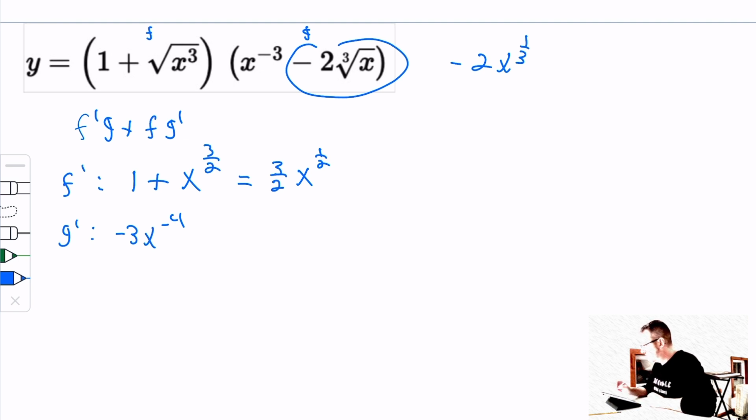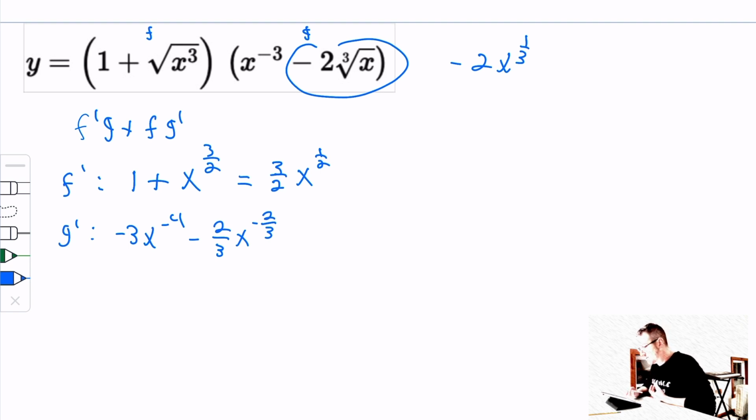So the derivative of that is going to be negative 2/3 x. When I subtract 3/3 from 1/3, I'm going to get negative 2/3. So you actually get negative 2/3 x to the negative 2/3 as the other part of that derivative, g prime.